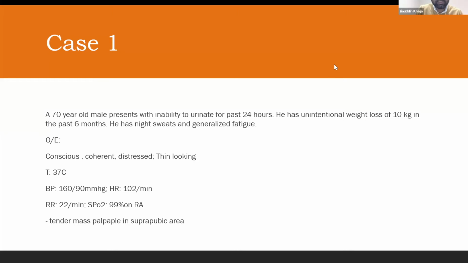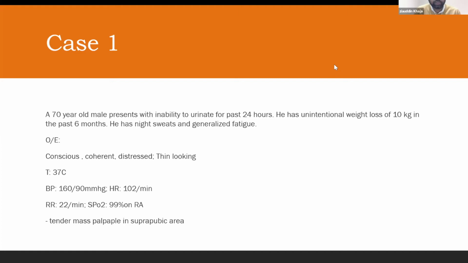So this is a 70-year-old male who's presenting with inability to urinate for the past 24 hours. He's had unintentional weight loss of 10 kilograms in the past 6 months. He has night sweats and generalized fatigue.